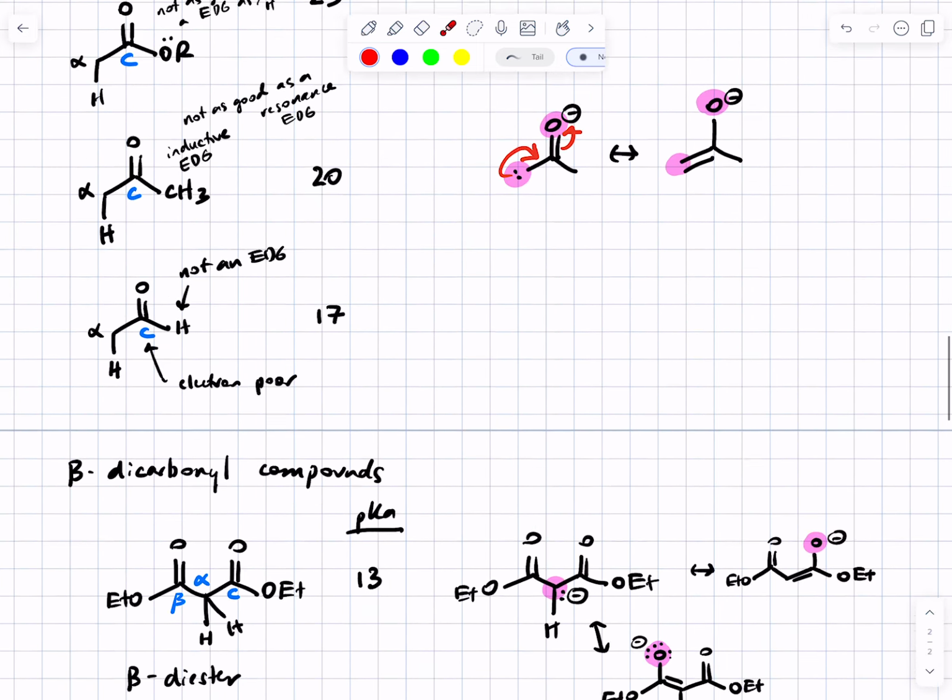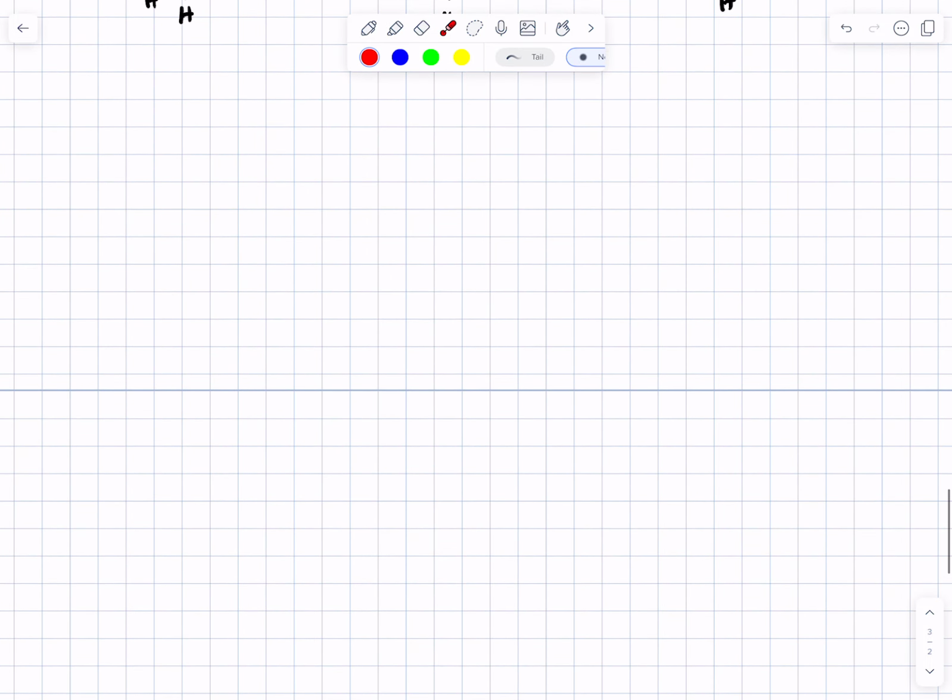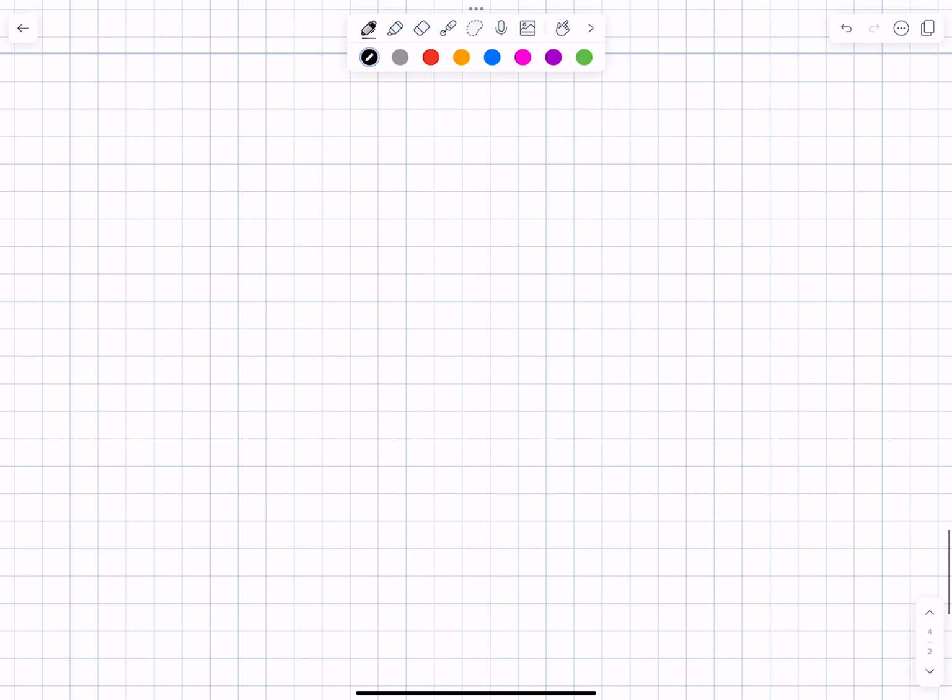Now you know the pKa's, this will take some of the mystery out of what we're going to be doing. So let's imagine this ketone, we're just using acetone, and here is the alpha proton. And my base is OH minus.